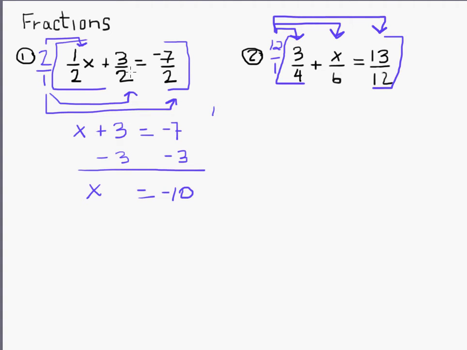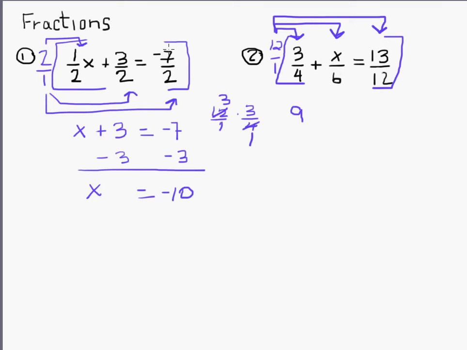So 12 over 1 times 3/4: when we're multiplying, I see that the 4 in the denominator will divide into the 12. So I do that division, and I end up with 3. So 3 times 3 is 9, and so now we are left with the integer 9.